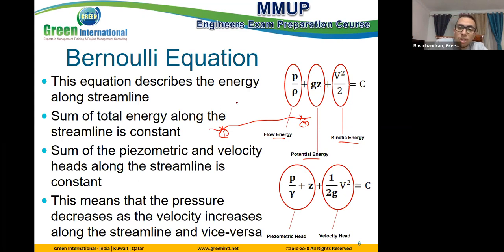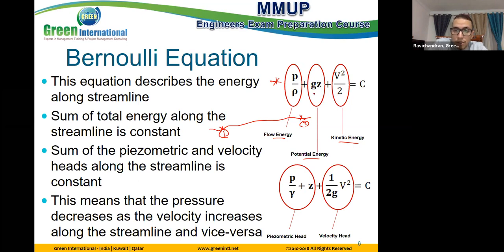So to change the first form, the energy form, into head form, we need each term to be in units of meters. For example, in gz, z is length or elevation, which is meter, and there is g. So you need to cancel g: divide each term by g.